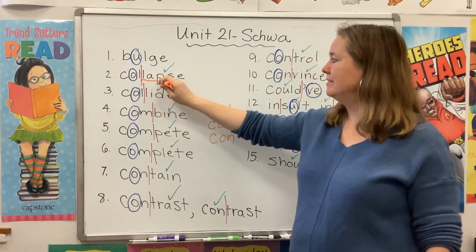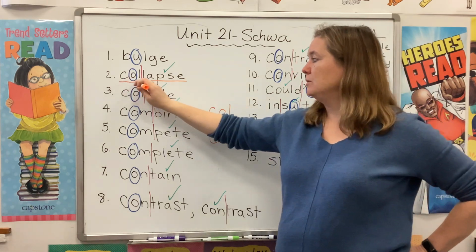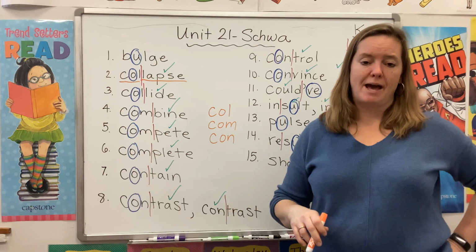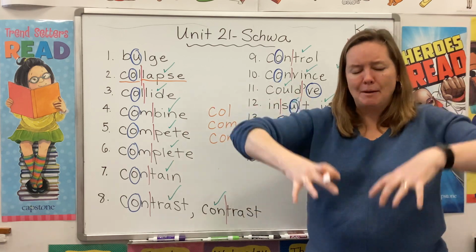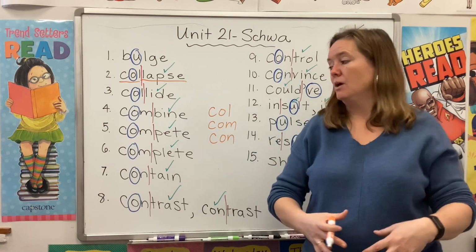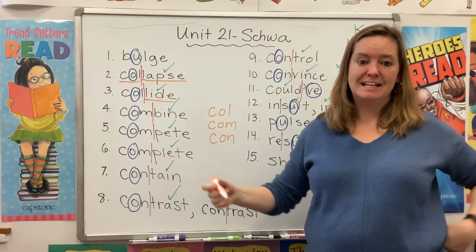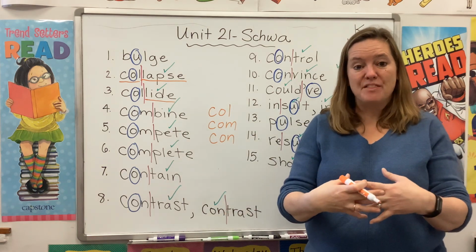When we have a base that starts with L, we're going to use the COL root, okay? Think about it. When something collapses, everything falls in. It all falls together, right? When two things collide, they crash together, right?